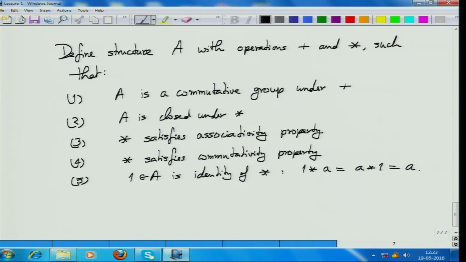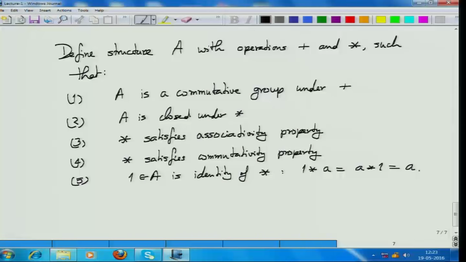Again, I am simply picking up properties from the definition of groups. The identity is 1 for multiplication. The only one that I have left out is the inverse, because the inverse again may or may not exist. That's a big thing I keep saying again and again. So, let us leave out the inverse because we want to capture numbers in general.